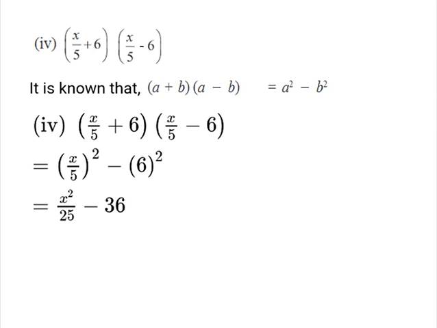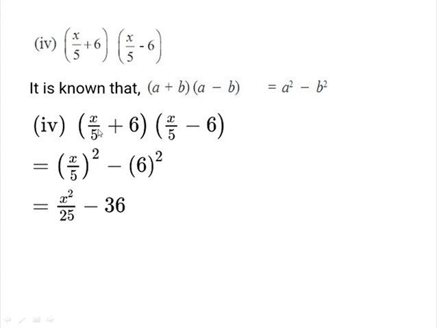Now fourth example, (x upon 5 plus 6)(x upon 5 minus 6). Again we can see the first term is the same and the second term is also the same with opposite sign. So we can use the formula (a plus b)(a minus b) is equal to a square minus b square. Children, here a is x upon 5 and b is 6.